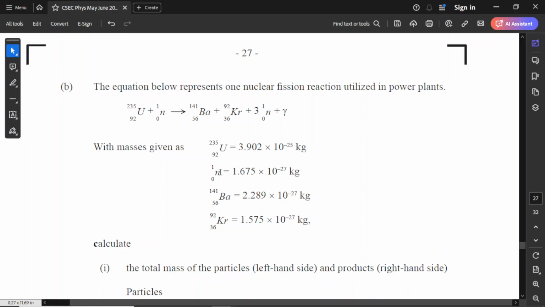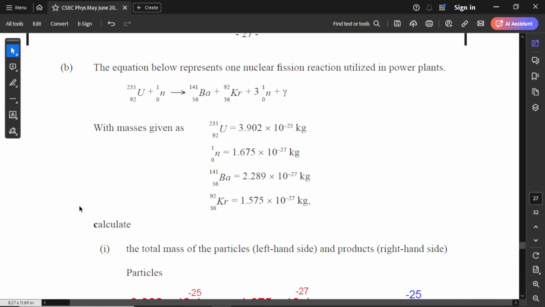For a neutron, we have 1.675 times 10 to the minus 27. Then Ba is 2.289 times 10 to the minus 25, and our krypton is 1.575 times 10 to the minus 25. So we have uranium, barium, krypton, and our neutron.